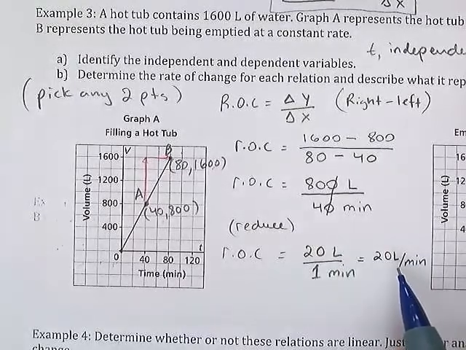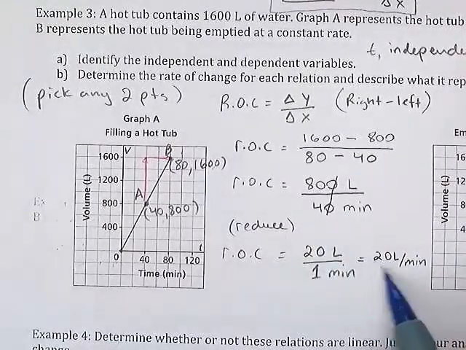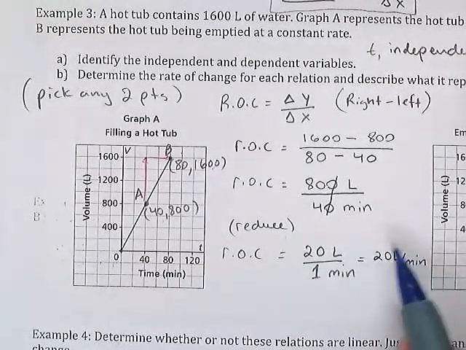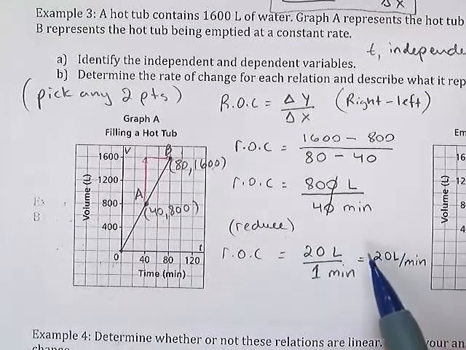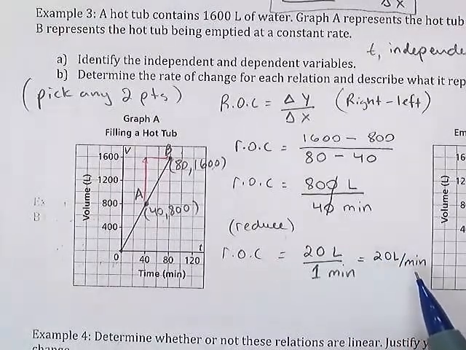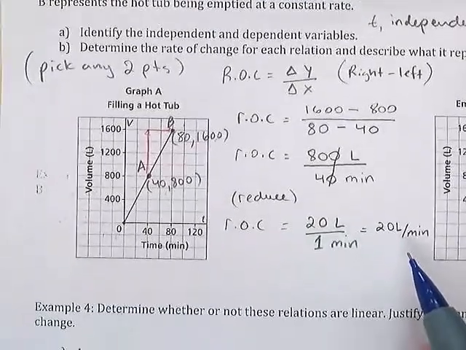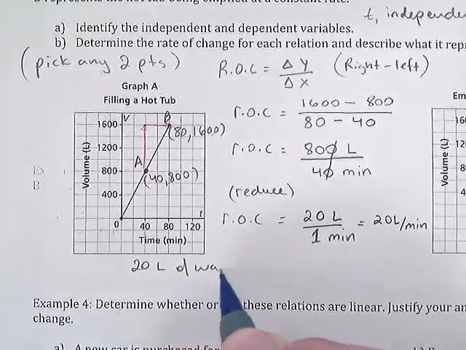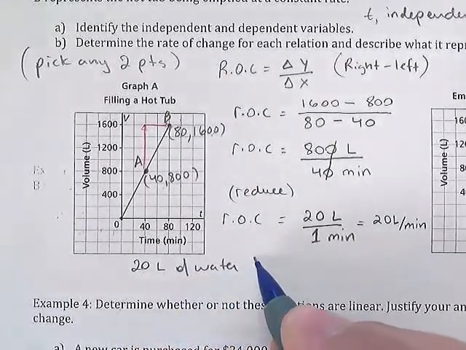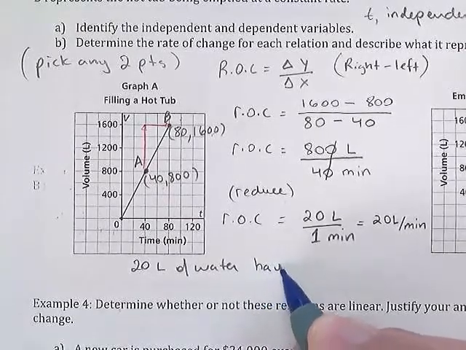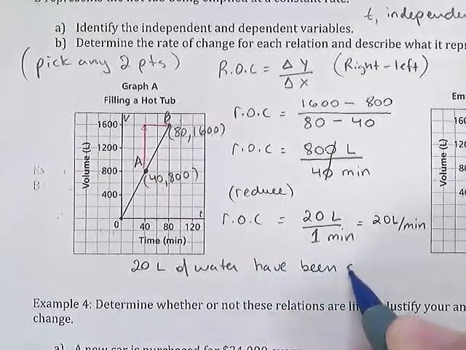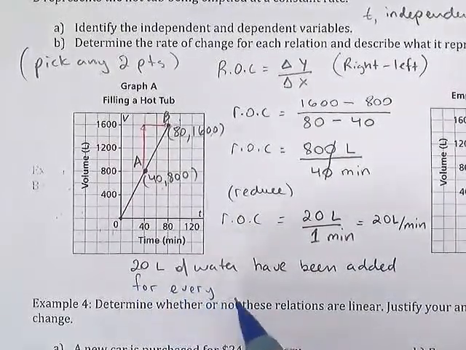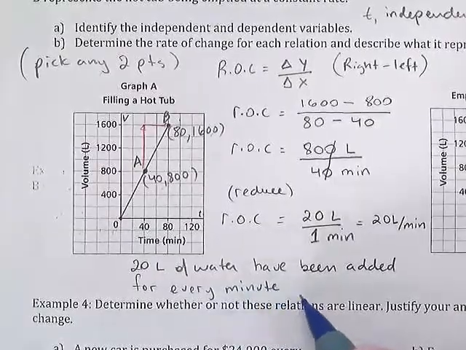So what does that mean? Well, since it's positive, it's increasing, right? So there's a 20 liter increase for every minute that has gone by. So we could say that 20 liters of water have been added for every minute gone by.